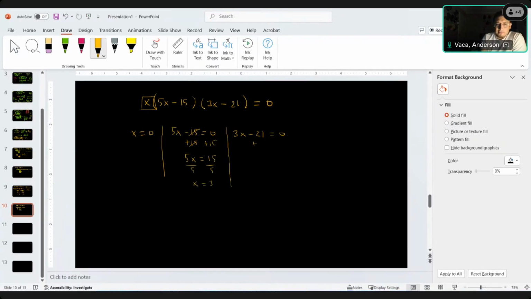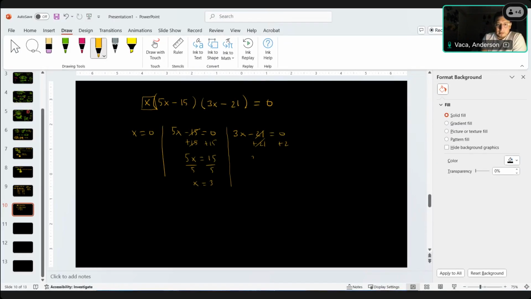And then here we need to add 21. 3x is equal to 21. Dividing by 3, we get that x is equal to 7. So here we actually get 3 solutions. Don't forget the 0, the 3, and the 7. And it doesn't matter what order you write them, as long as you write them down.